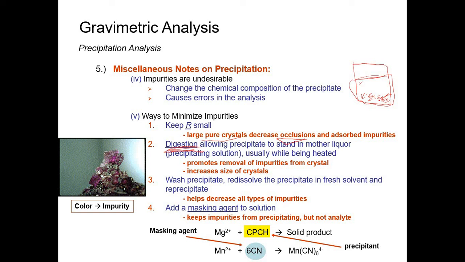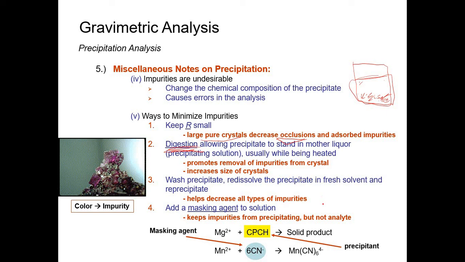Okay, so aside from that, it could also increase the size of crystals. So you just allow that to stand. That's what you call digestion. And then you have to wash the precipitate and redissolve the precipitate in fresh solvent and then reprecipitate.